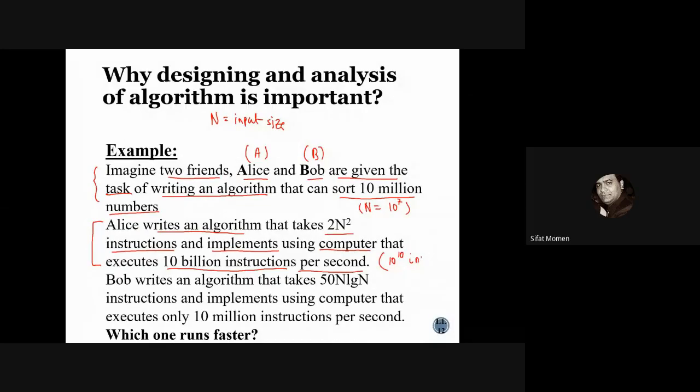So every second 10 to the power 10 instructions are executed. Clear, Nakina? Yes, sir.